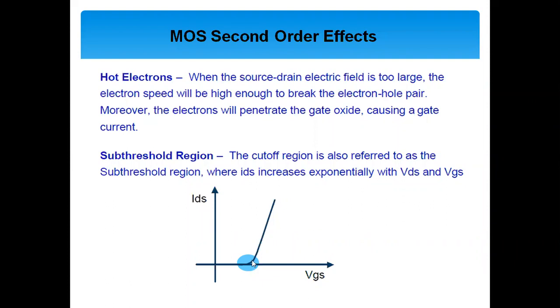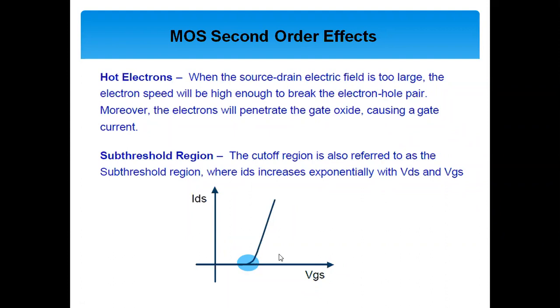I hope you are clear on what a linear line and an exponential curve are. At this juncture, which I have pointed out with this blue dot, you can see it is not a linear increase. After a certain value of IDS, yes, there is a linear rise, but up to that value, after threshold, there is an exponential rise in the IDS.